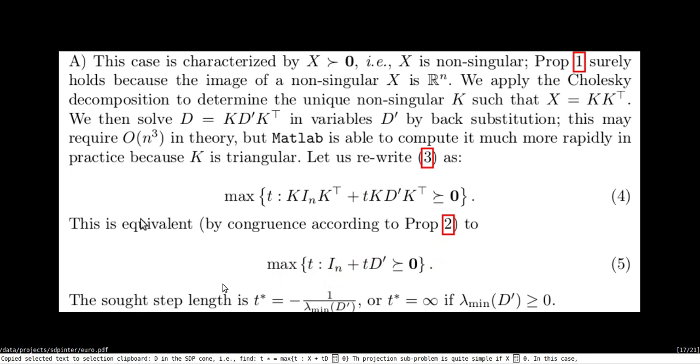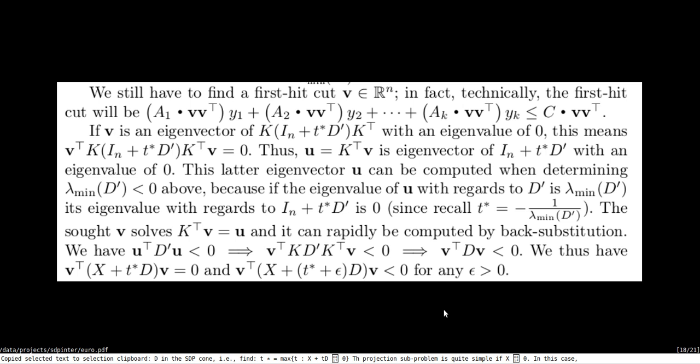And the step length, if you take a minute to think about it, is minus one over the minimum eigenvalue of D prime, unless D prime is SDP. If D prime is SDP, of course, T star is infinity. And then I have more slides about more complicated cases.